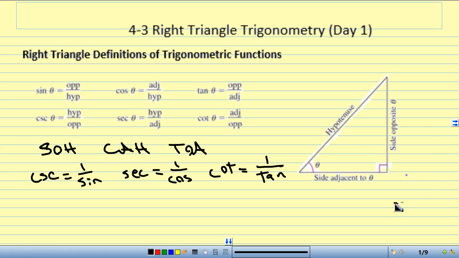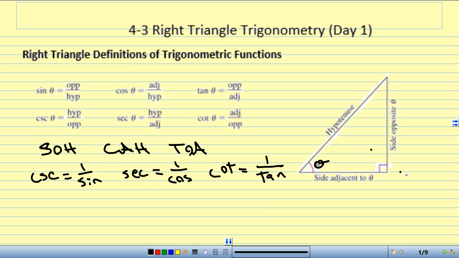The opposite side is the side that is being eaten by the angle. So here's my angle theta, making the mouth, and it's eating the opposite side. Yum, yum, yum. Hokey, I know, but oddly enough, it works.